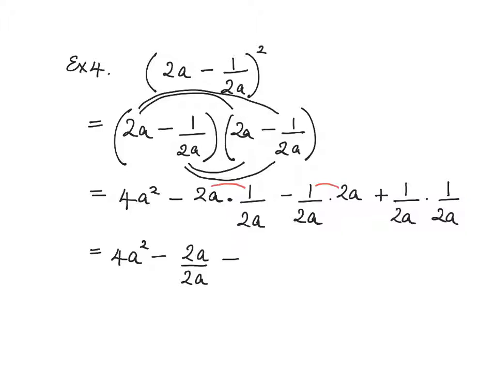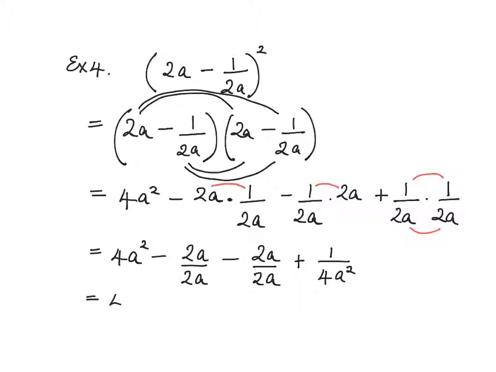So we have 2a over 2a plus, multiplying fractions, you can see the 2 fractions very clearly here. 2 tops multiply, 2 bottoms multiply. 1 times 1 is 1. 2a times 2a is 4a squared.